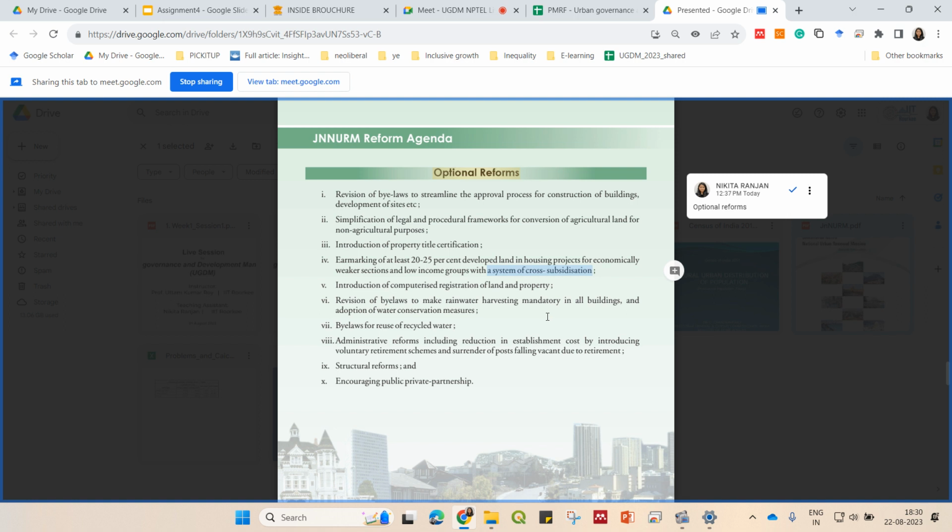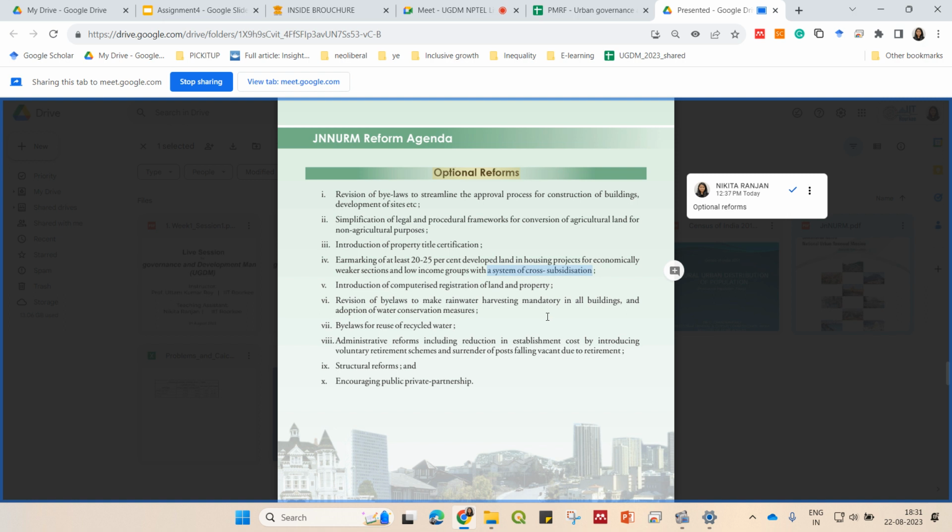So maybe the HIGs and MIGs will have some amenities which are better than the amenities which are provided to the people of economically weaker sections and lower income groups. But they can pay for more, and then that additional payment would be used to subsidize the housing that will be provided to the economically weaker section and low income group.